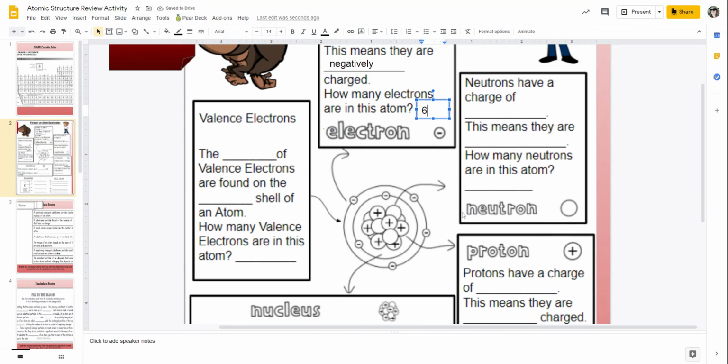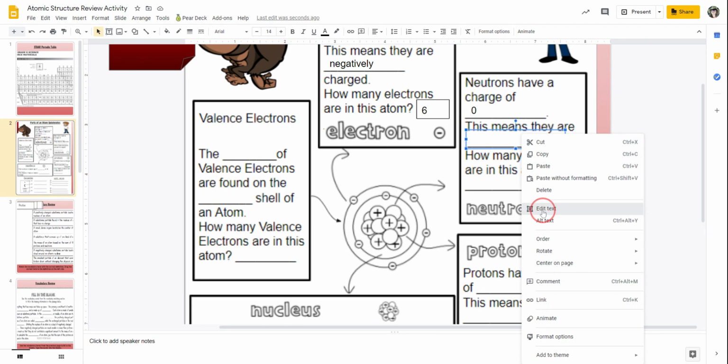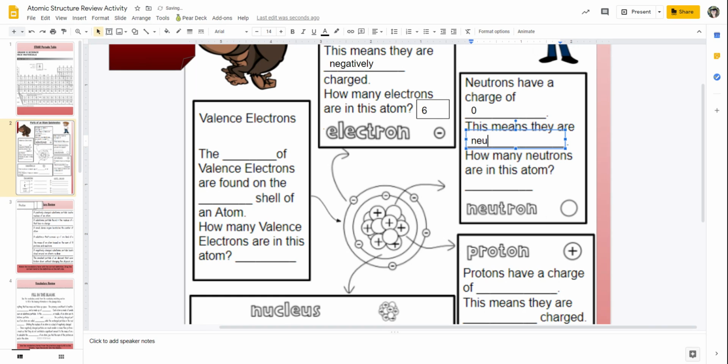Now, the next section is neutrons, and it says neutrons have a charge of, and we're going to put 0, because neutrons actually are not charged. So this means that they are neutral, or no charge. How many neutrons are in this atom?